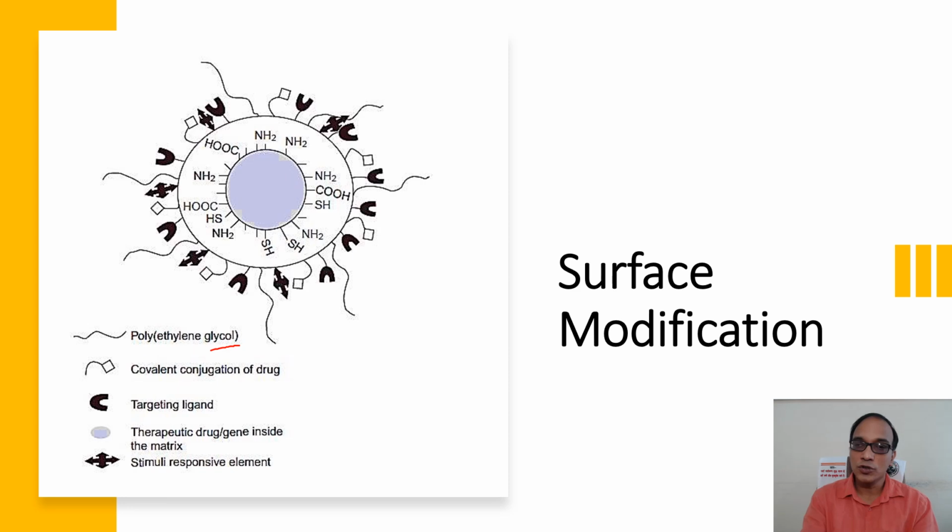Or covalent conjugation of the drug can be done, or a targeting ligand can be attached to the surface. A therapeutic drug or gene can be employed inside the matrix, and stimuli responsive elements can be added. Overall, targeting moieties are attached to the surface, or the surface is modified so that the affinity towards the tumor receptor is enhanced, and selective targeting is done with the help of surface modification.